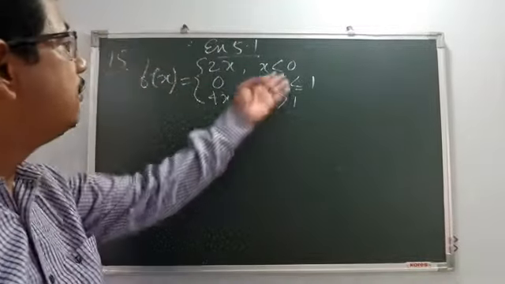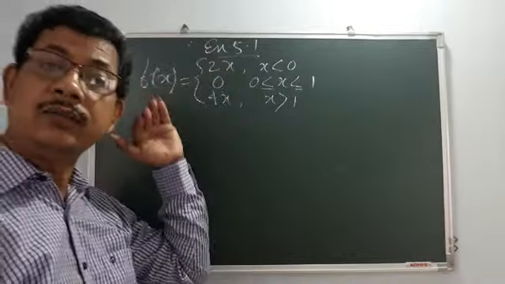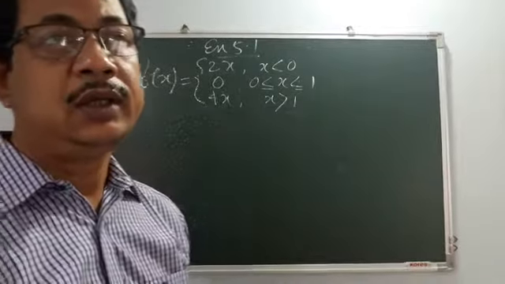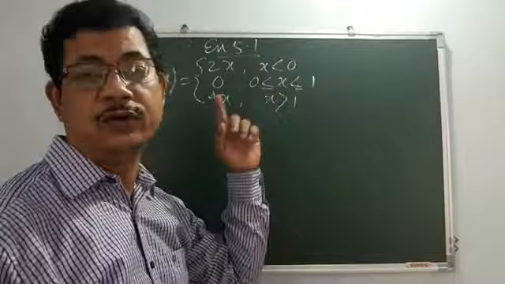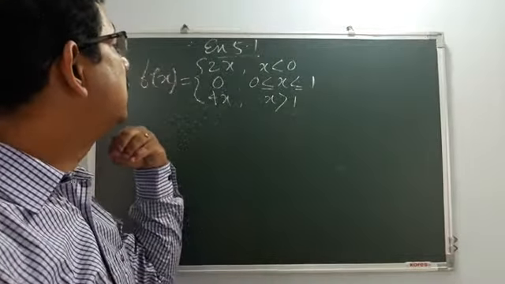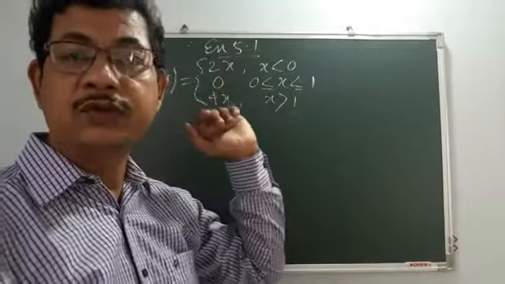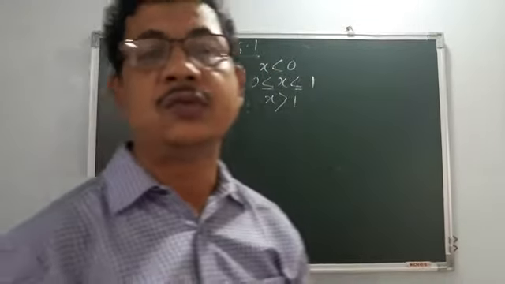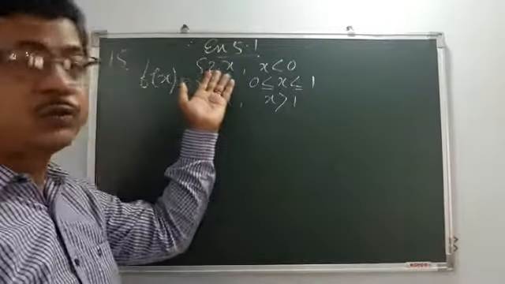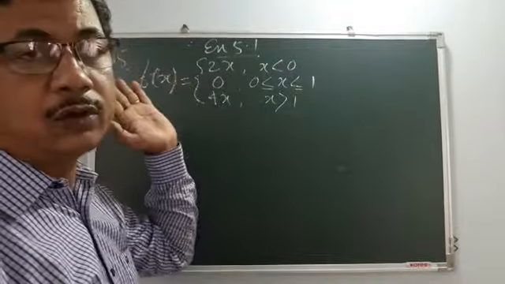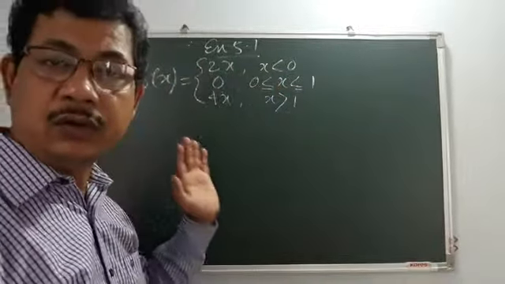Students, you see that for x less than 0, it is only one value, that is 2x. Less than 0 means minus 1, minus 2, minus 0.5. All these values we are getting are from a fixed polynomial, so of course it is continuous. So for less than 0 we are getting a continuous function.